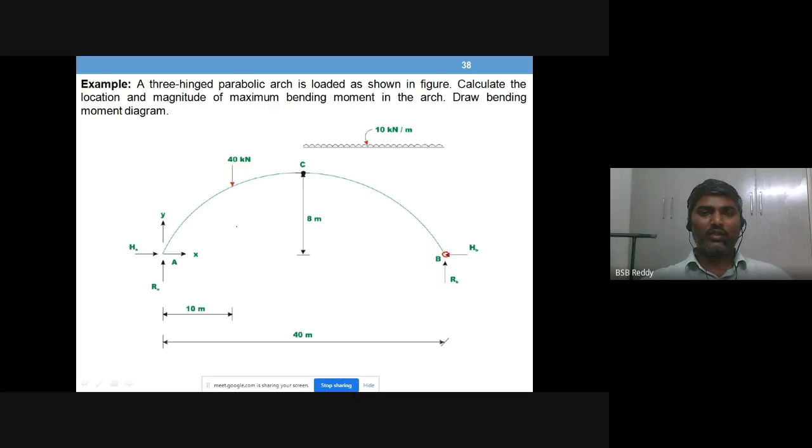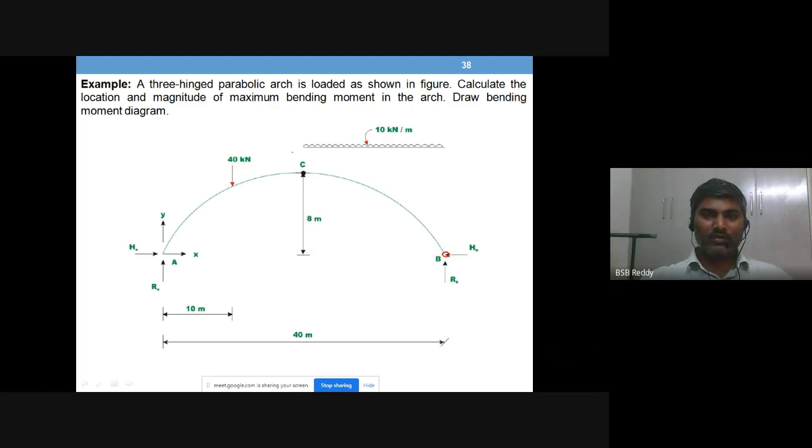Then 40 into the distance, which is 20 plus 10, that is 30, or otherwise 40 minus 10, anything is okay.